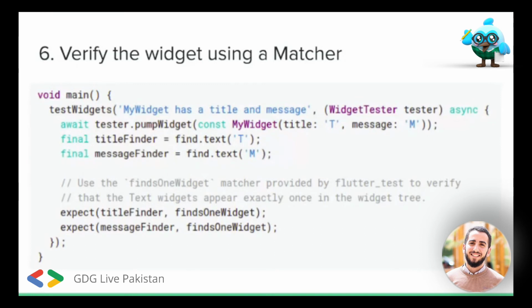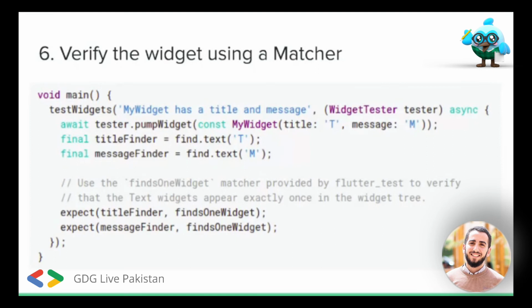Ensure that the widgets appear on the screen exactly one time. For this purpose, we can use findsOneWidget, which is a type of Matcher.